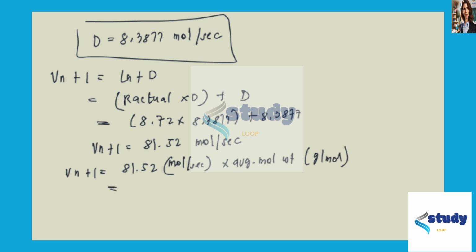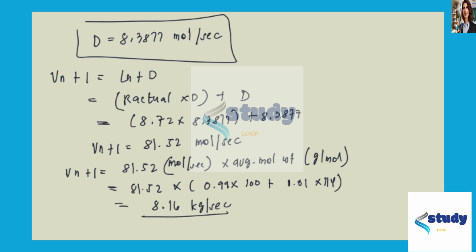So we have 81.52 times (0.99 times 100 plus 0.01 times 114), and that would be equal to 8.16 kilograms per second. And this would be our Vn plus 1.